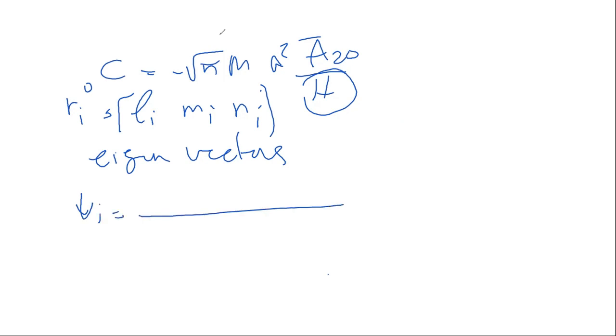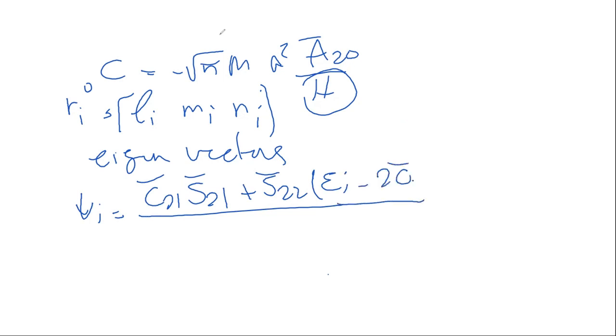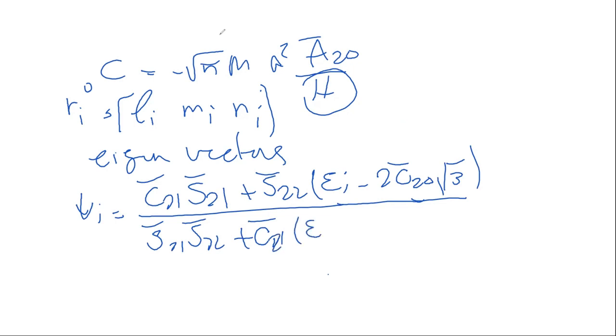Ui is C21 bar, C22, which are all inside the gravity model, and i could be 1, 2, or 3, 2, 0, the square root of 3, and 2, 2. As you see, they are all degree 0 and second degree harmonics of the Earth's gravitational potential.